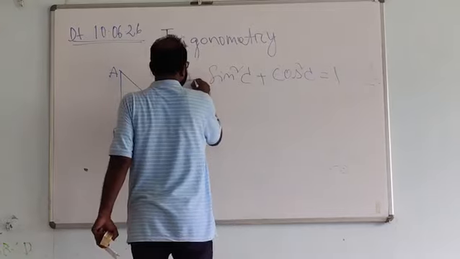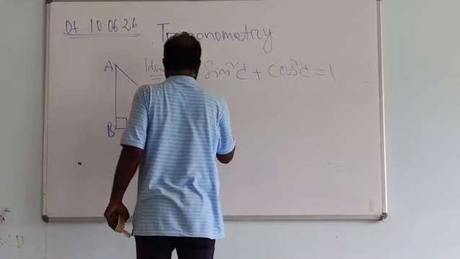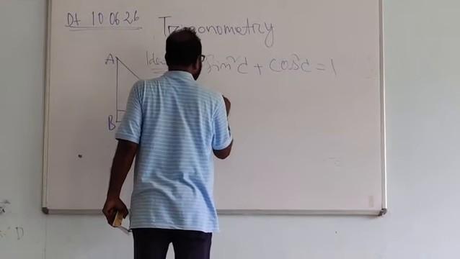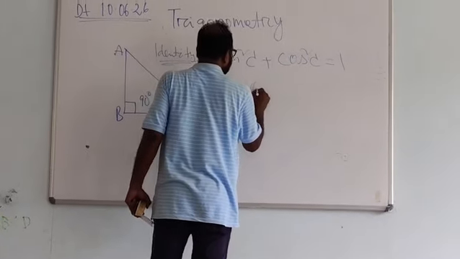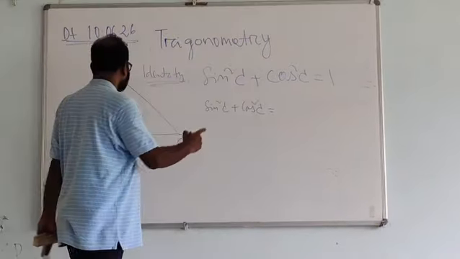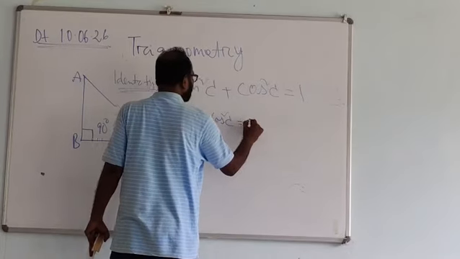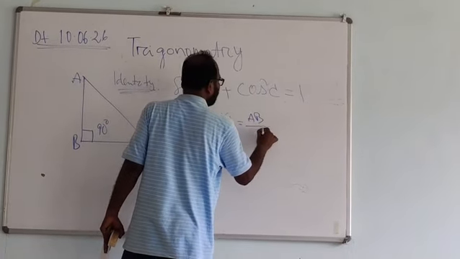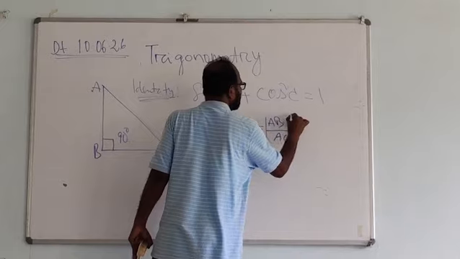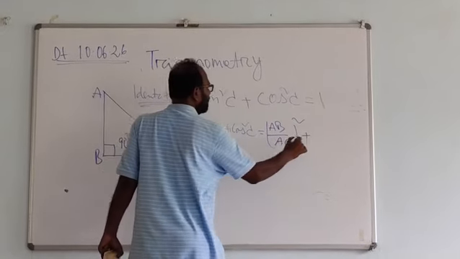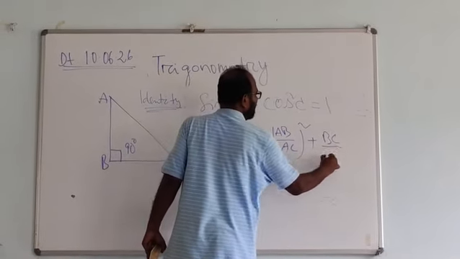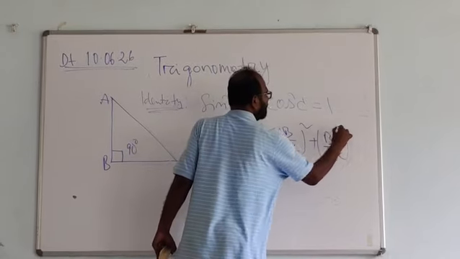Sin square C plus cos square C is AB by AC square plus BC by AC square.